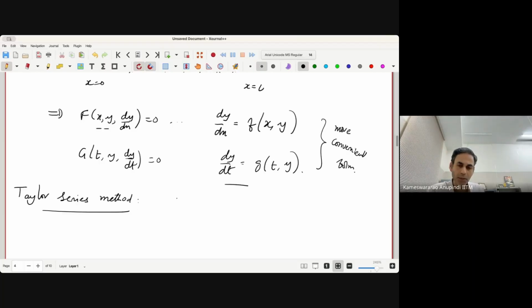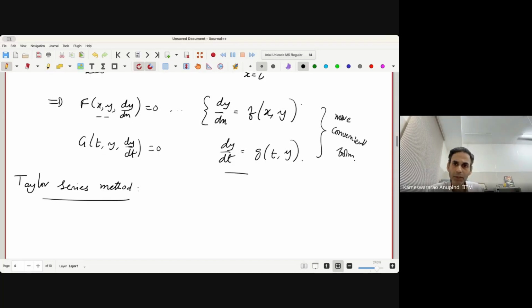That means we are given, and I will use the dy dx equals f of x y formulation, so it is the same even if you use the other one, the function dy dx equals f of x y. And we are also given the y value at some x. Now we need to advance and calculate the y value at x plus h. h is basically your delta x. That means you want to calculate at x plus delta x. That is what we want to do.